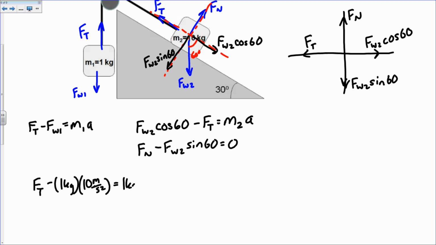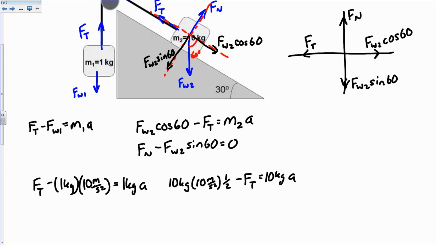That's 1 kilogram times A. And then for this other one, I have FW2 cosine 60. FW2 is 10 kilograms times 10 meters per second squared times cosine of 60, which is a half, minus Ft equals 10 kilograms times the acceleration.